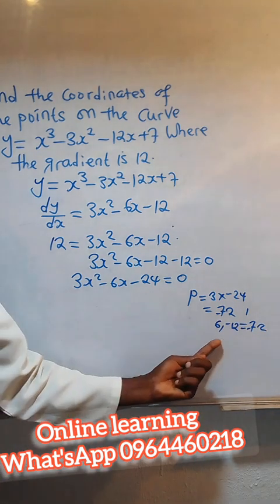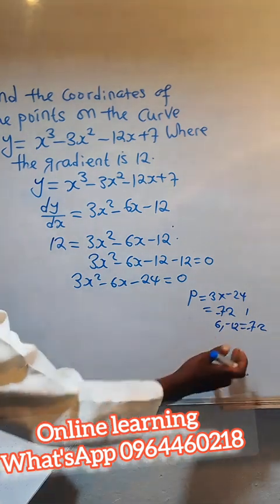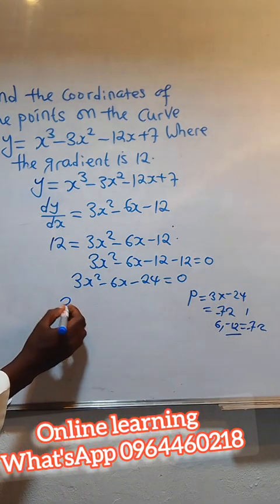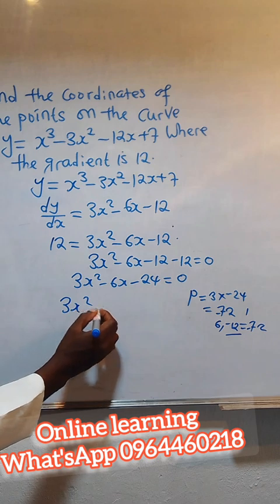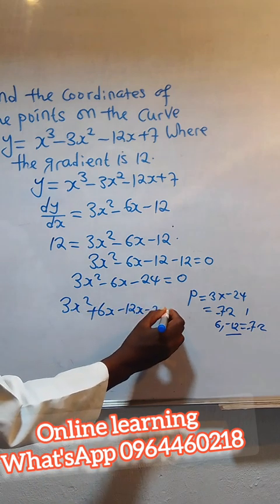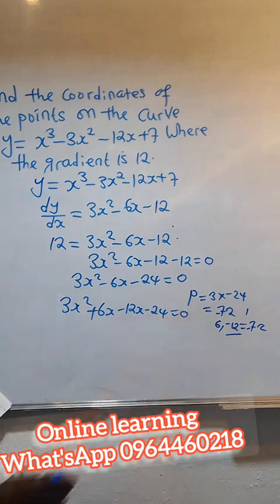So the factors are 6 and negative 12, so we use these and replace them. So this is going to be 3x squared plus 6x minus 12x minus 24 equals 0.